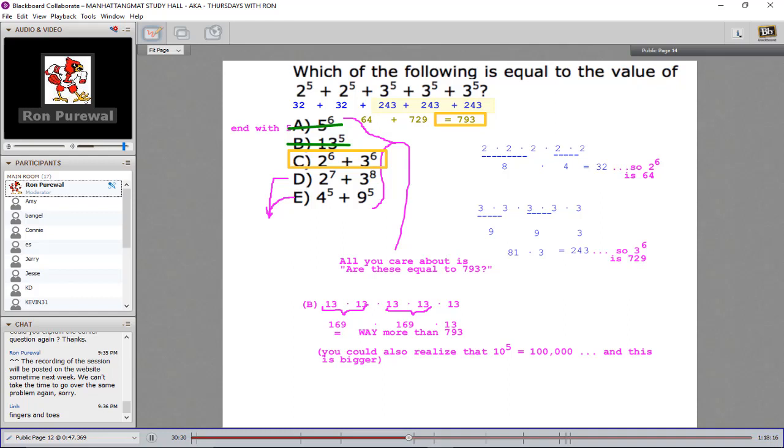So these are way, way too big. In fact, every choice other than the correct answer is like at least 10 times too big. So you don't even need to be terribly accurate here. You can just approximate these things. Give me a smiley face, if this makes sense.